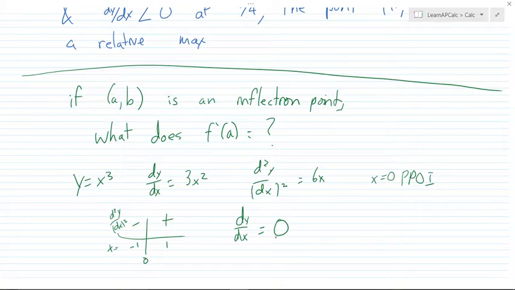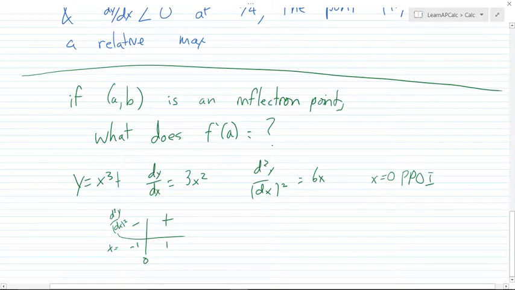But pretty quickly I'm going to see that that might not always be the case. So what about x cubed plus 2x? This is going to be plus 2, and that'll disappear. So now my function is y equals x cubed plus 2x. My first derivative is now 3x squared plus 2, and my second derivative remains the same.